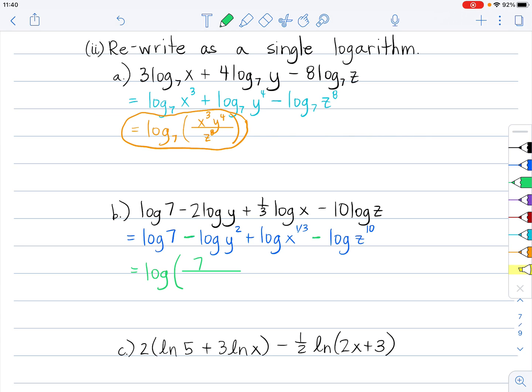That is 7 and x to the 1/3, or the cube root of x, you will need to change it to that for your final answer, divided by, who is downstairs, y squared, z to the 10th. And this is our answer.